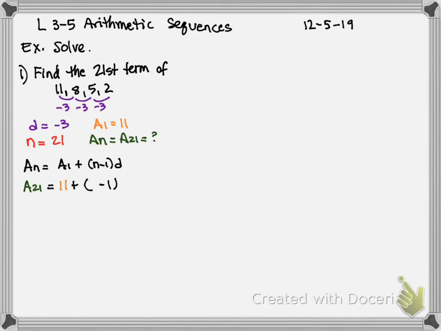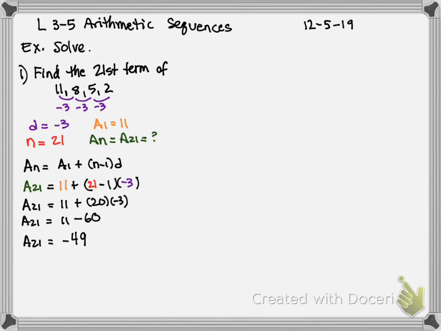And the n number was 21, and the d value is the -3. And then we just start solving. So I get the 21st term is equal to 11 plus 20 times -3, which gives me 11 minus 60, which gives me -49.